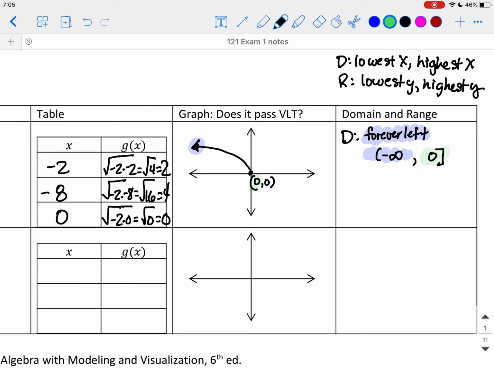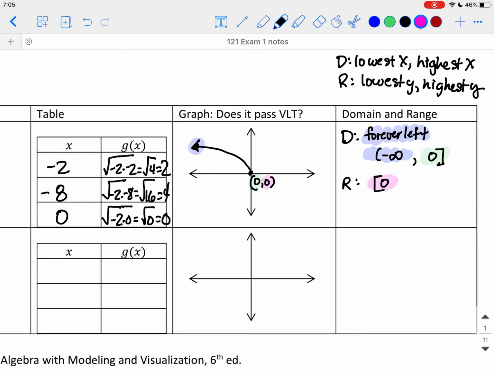Now my range is my lowest y, comma, highest y. So my lowest y is going to be the lowest point on the graph, and the y value for the lowest point on the graph is this one right here. So my lowest y is going to be 0, and it is included.